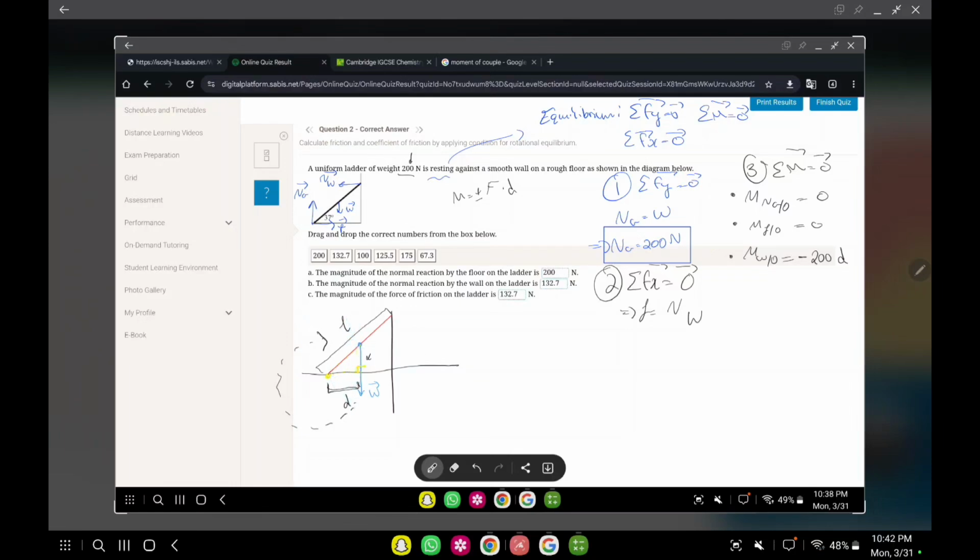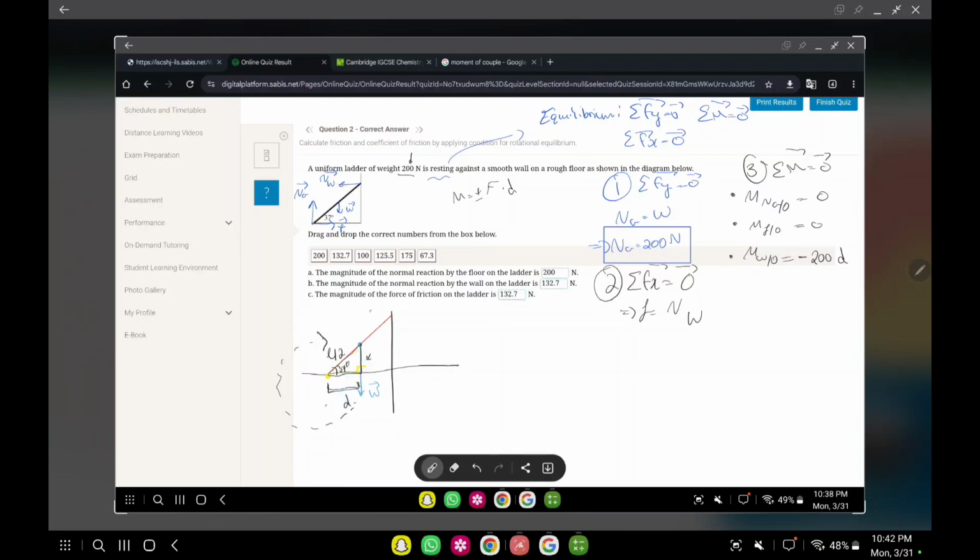You have a triangle over here. The angle here is 37 degrees. How much is the hypotenuse here? We know the weight acts in the center, so if this is all L, then here it's L over 2. So if this is L over 2, I need to find this D over here.